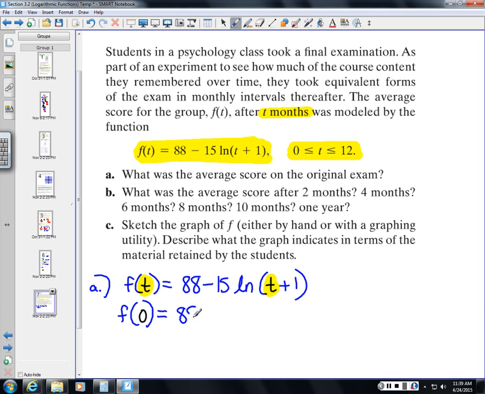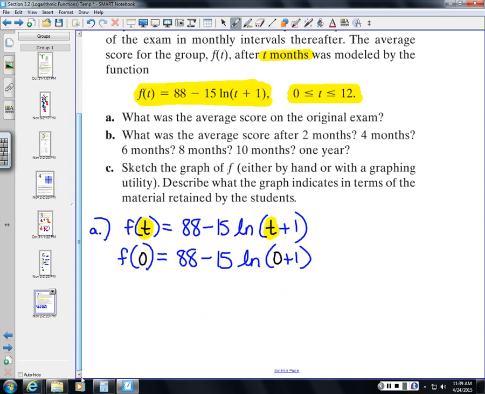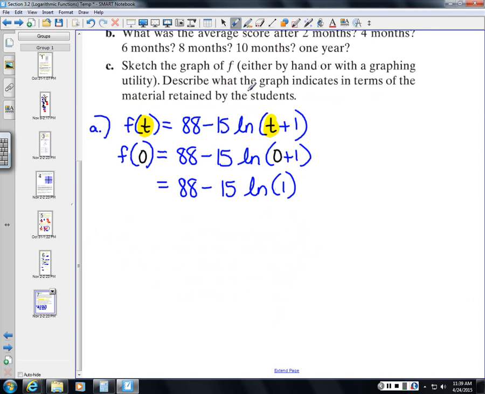So this is 88 minus 15 times natural log of 0 plus 1. Again, this is just plugging it in and following your order of operations to finish the problem out. So here we get 88 minus 15 times natural log of 1. Using the properties that we just found, we know that the log of 1 is equal to 0.